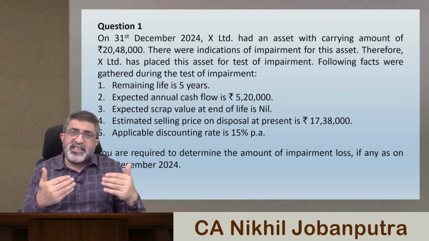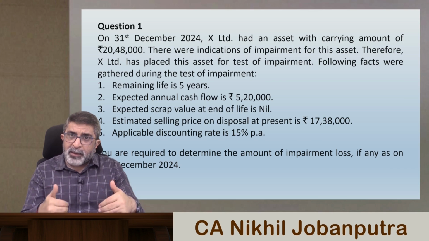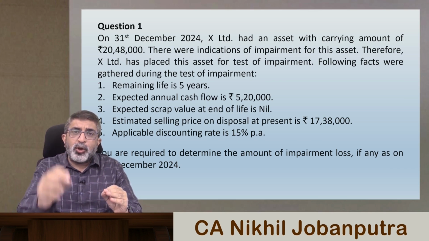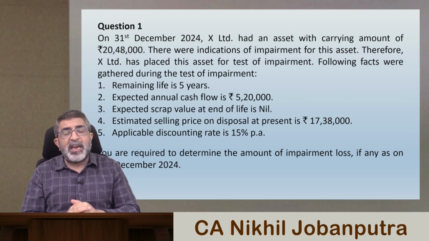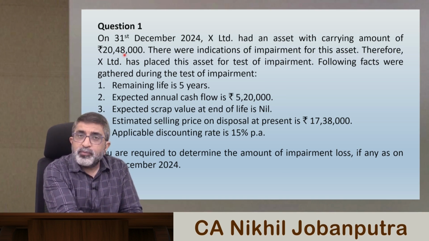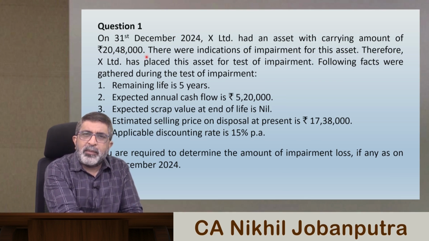Because there were indications of impairment and the asset has been put for test of impairment already, we already know the carrying amount on the impairment testing date. The carrying amount is rupees 20,48,000. Now we need to find the recoverable amount.